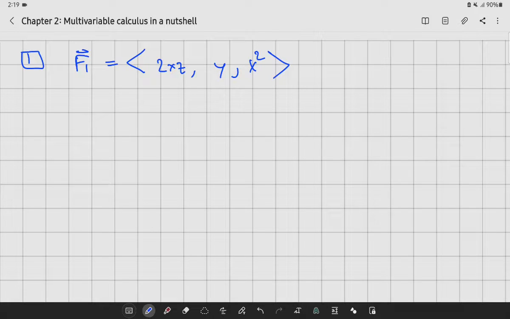Again, this is the notation that we discussed. This means a vector. And I have f2, another field, which is y i minus x j, so z is 0 basically. Now the question asks me, which is conservative?